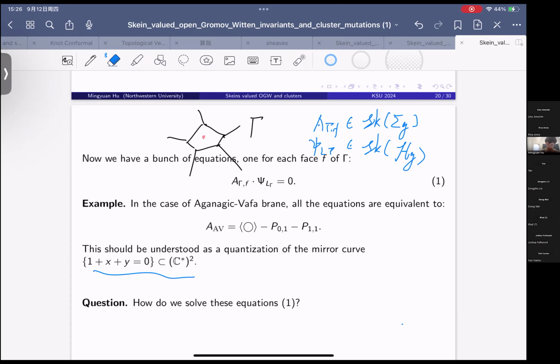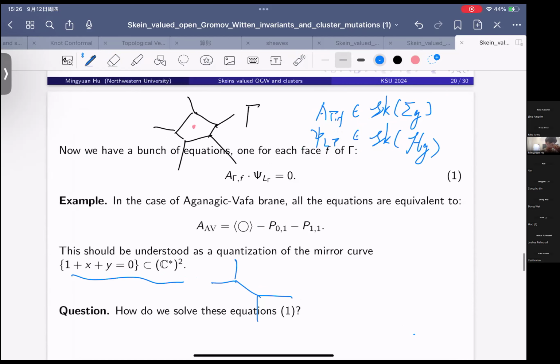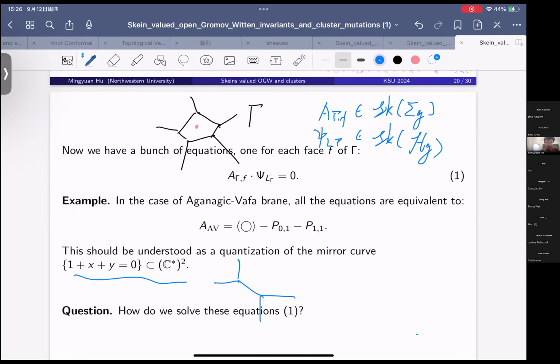But there's one thing I know, which is this curve, the resolved conifold. For that example, we have computed it. We know how to do that, and this is true. So we write down the equation, we literally do the quantization, and we solve the skein equation and we get the wave function we want. But in general, we don't know. Interesting. Okay, thanks.